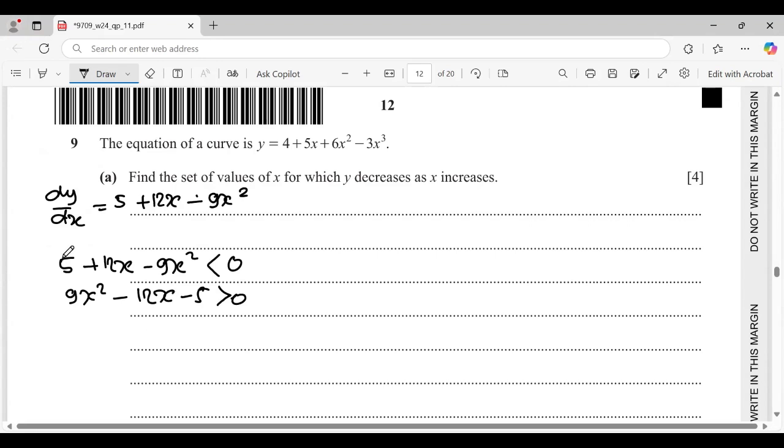Now to find x, we need to turn this inequality into an equation. So it becomes 9x squared minus 12x minus 5 equals 0. And after that, factorize: 3x minus 5, 3x plus 1 equals 0.